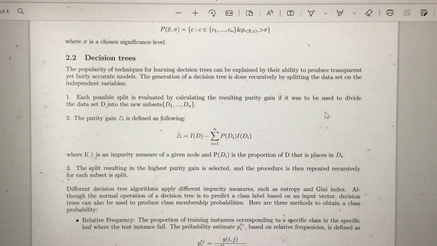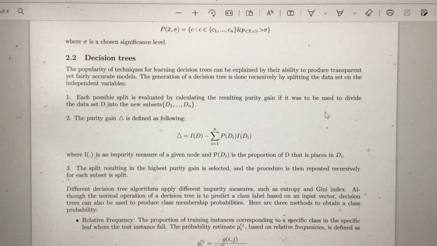The split resulting in the highest information gain is selected, and the procedure is then repeated recursively for each subset. Different decision tree algorithms apply different impurity measures, such as entropy and Gini index.